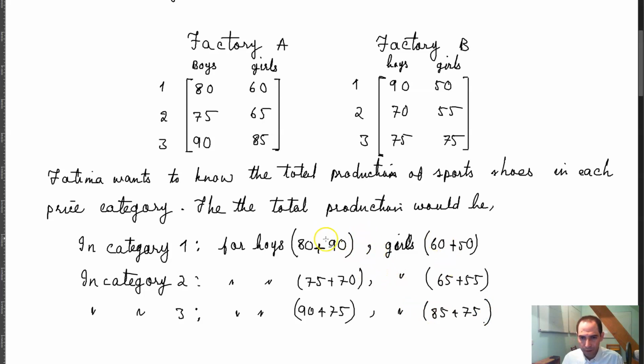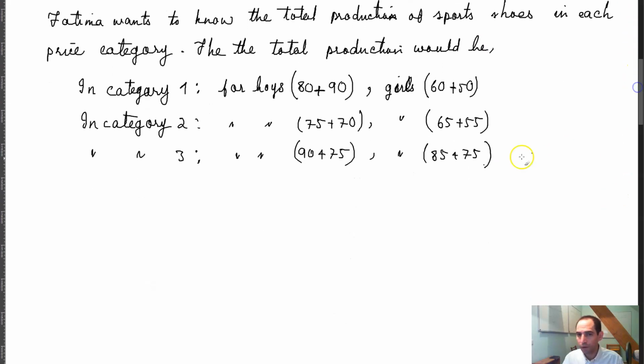Now this can be represented in a 3x2 matrix, and each of these matrices is actually a 3x2 matrix, as you can see. So this can be represented in matrix form.